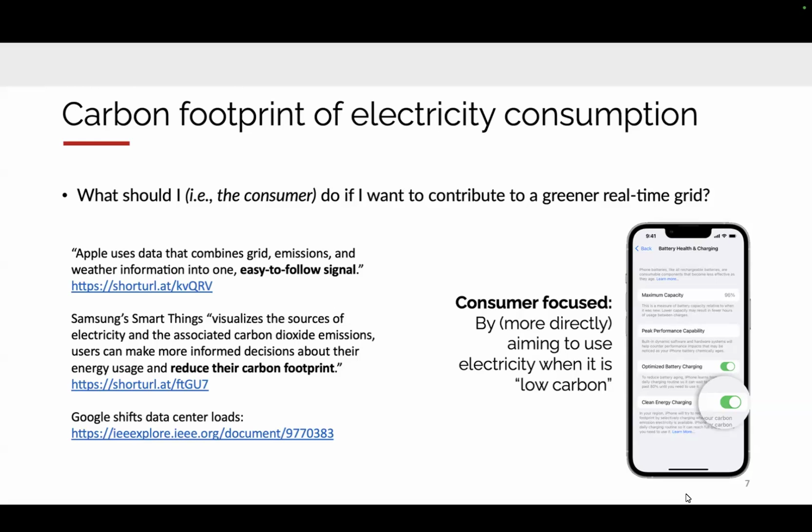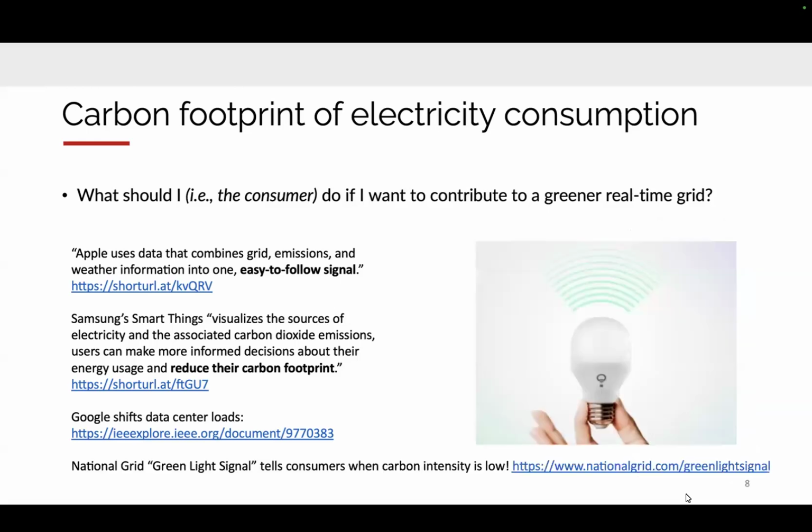And of course, we have large companies like Google, who've been looking at shifting data center loads also with a goal of trying to reduce emissions. And one of my favorite examples here is from the National Grid in the UK, who has this product, which I call the green light signal. This is a light bulb you can buy and connect with an app, and it will light green when the electric grid has a lot of green energy.